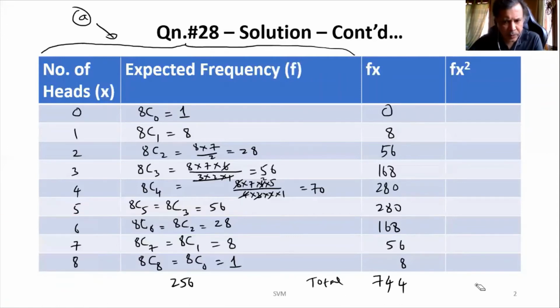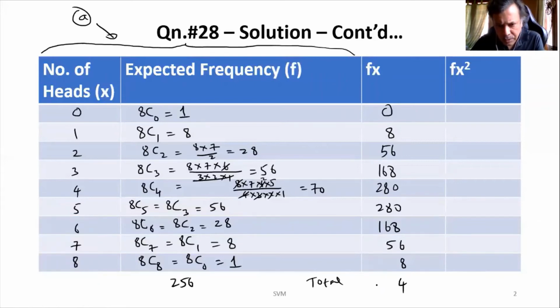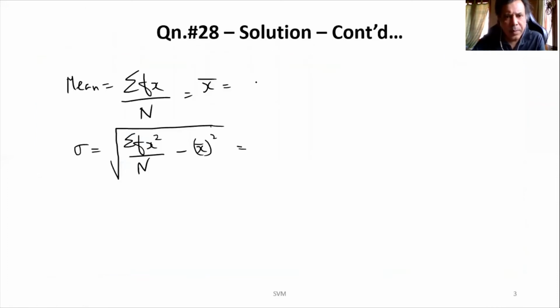The total is working out to 1024. So this will be 1024 divided by 256. That is how much? It is 4. Using this data, we arrived at the mean of 4.